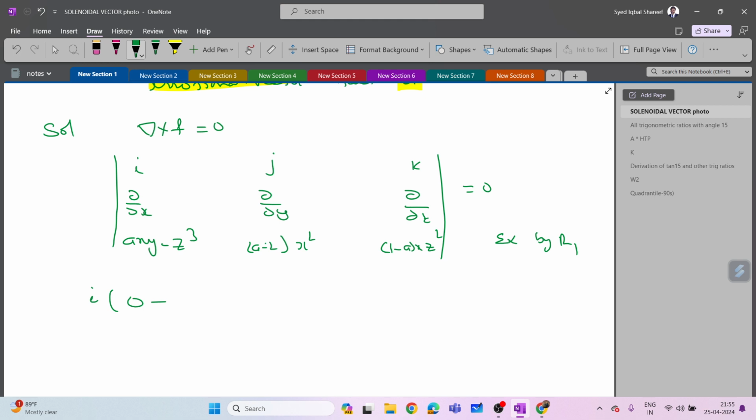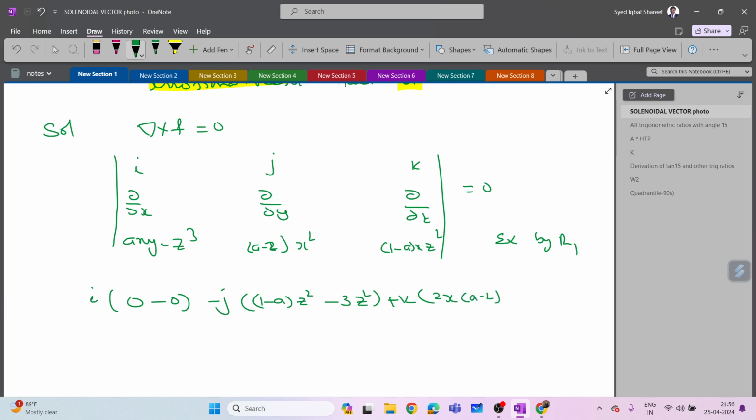Dou by dou z, this is 2, not z. Dou by dou x, this is also completely 0. Minus, this is gone. Dou by dou x of this thing is (1 minus a) z square, minus dou by dou z, this is minus 3z square. Plus k of, dou by dou x of this thing, this is 2x (a minus 2).